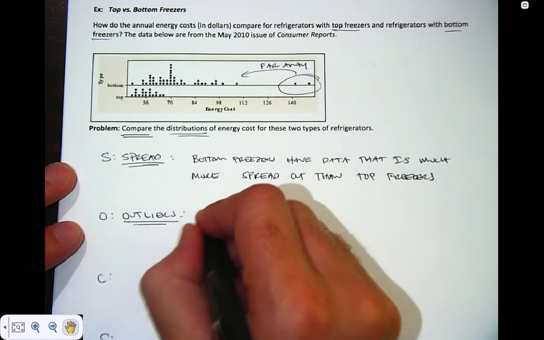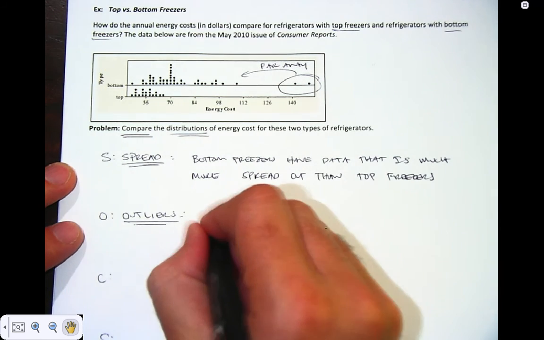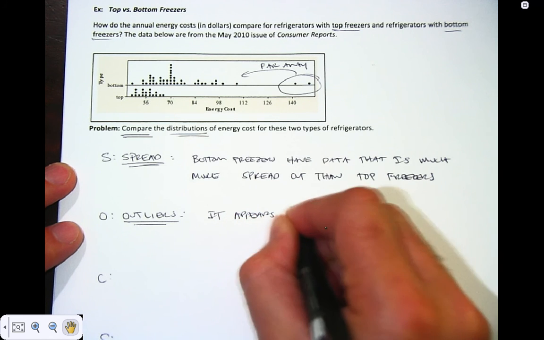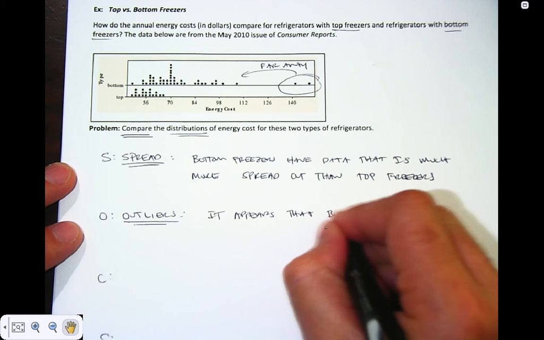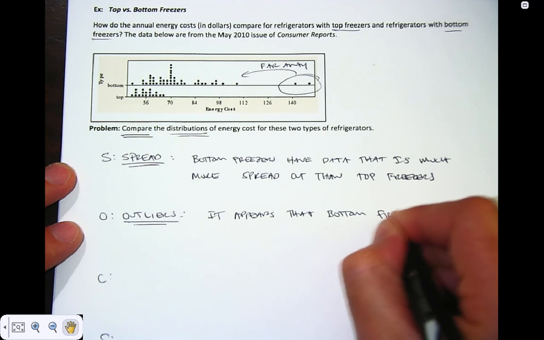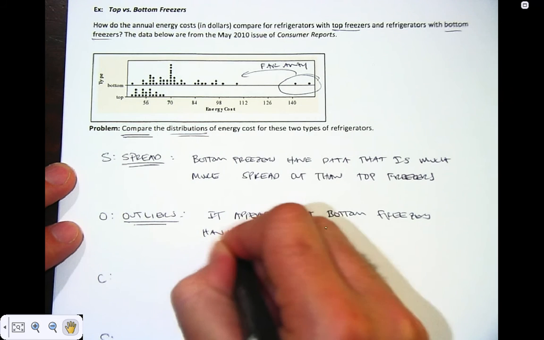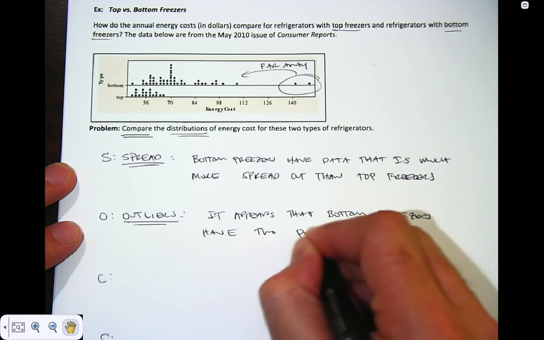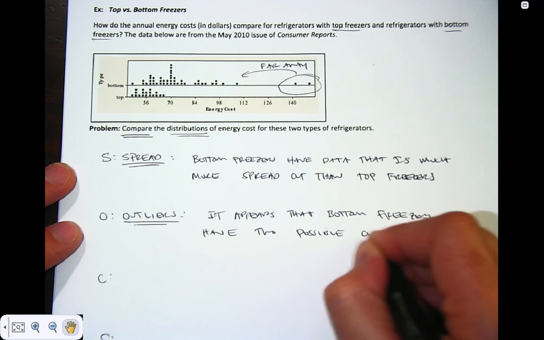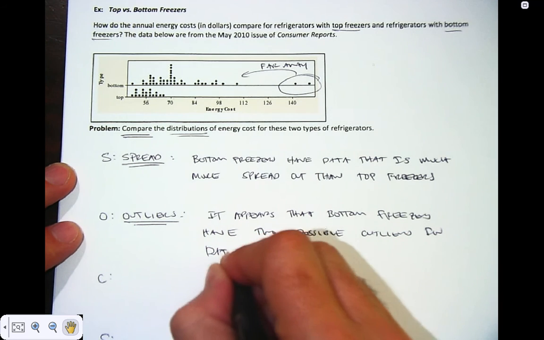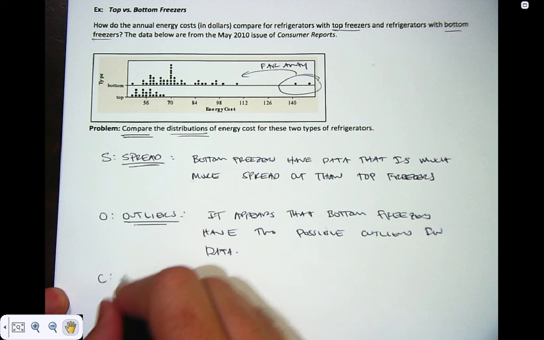So we would say it appears that bottom freezers have two possible outliers in the data.